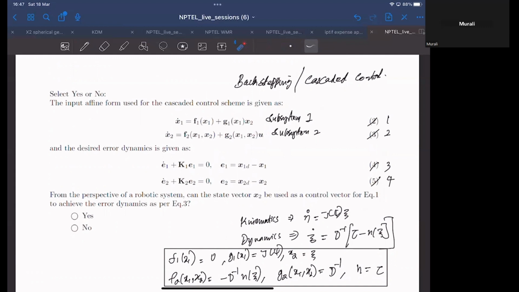So the question says, can we use the state vector x2? Can we use the state vector of subsystem 2, x2, to back to system 1? Can we use this state vector directly on subsystem 1 so that we can achieve this error dynamics?